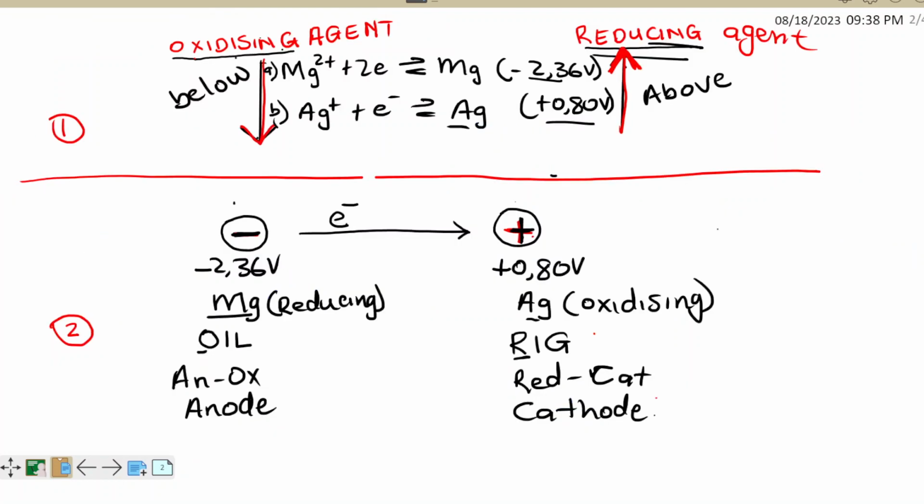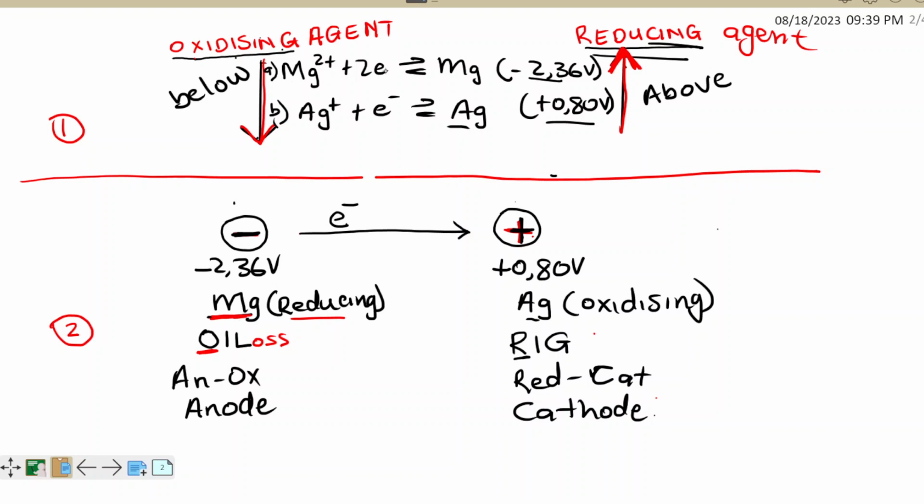Okay, let us come back here to this page. So remember, we said here magnesium is the reducing agent, and what is taking place on the side of magnesium is oxidation. What is oxidation? Oxidation is the loss of electrons. That means magnesium is losing electrons.